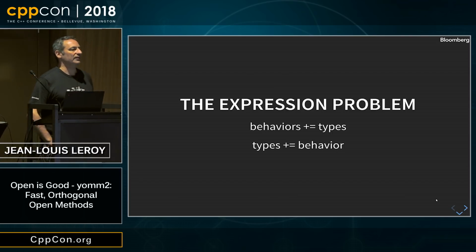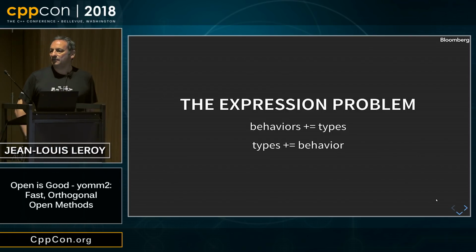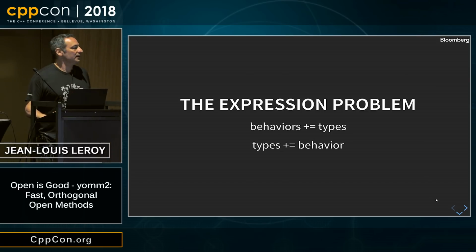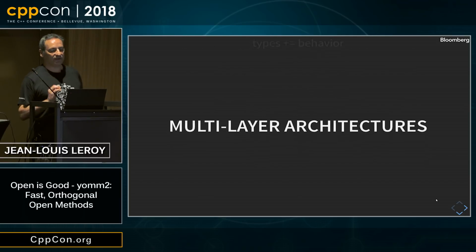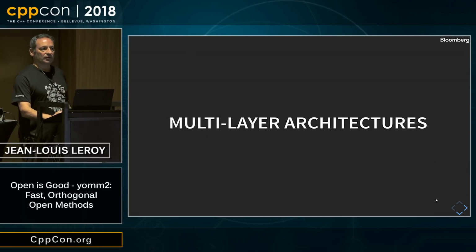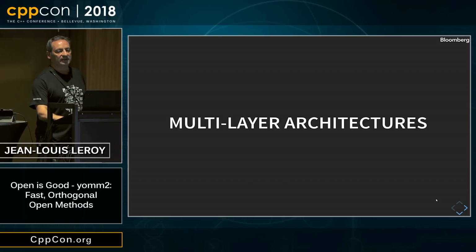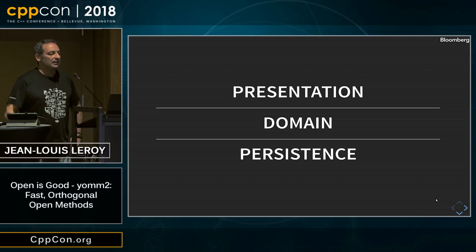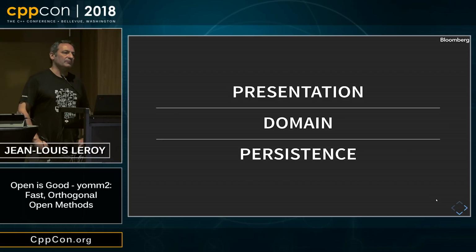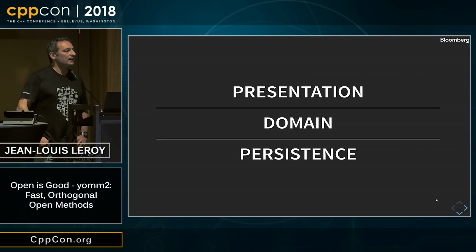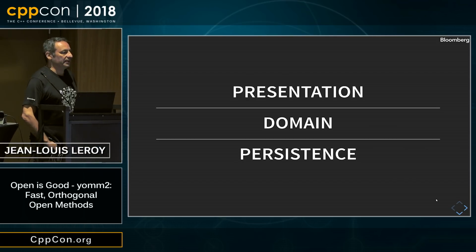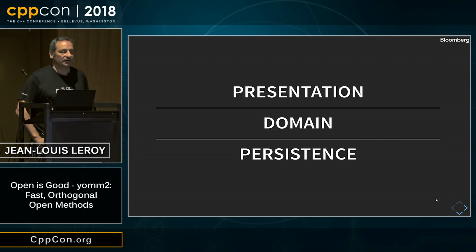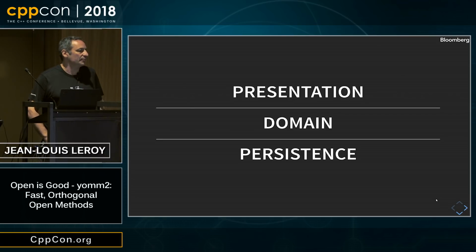Functional languages are better at that. But usually you want both. And actually, I gave you the example of that little toy expression evaluator. But if you start writing bigger programs, especially with multi-layer architectures, where you have a domain layer, and above it a presentation layer, and below it a persistence layer, well, you want to vary the behavior of the presentation depending on the dynamic type of the objects in the domain model.